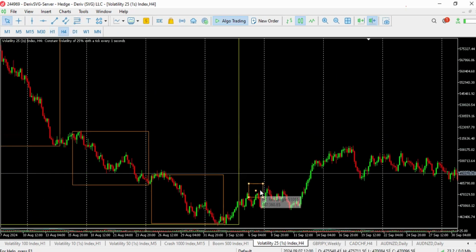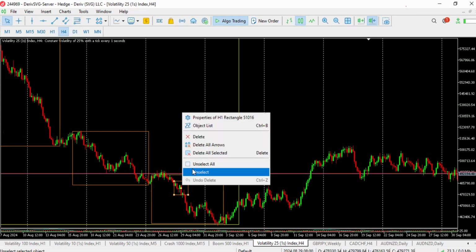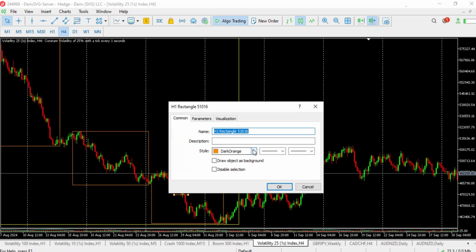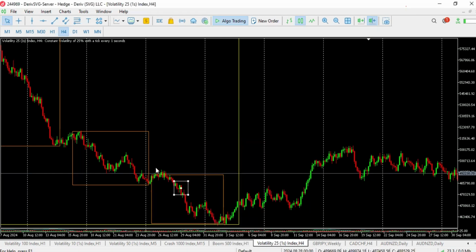So I want to use this now to calculate my levels. Now I'm going to change this. For the H1 property, I'm going to use white. Okay. Sorry, this is actually an error.